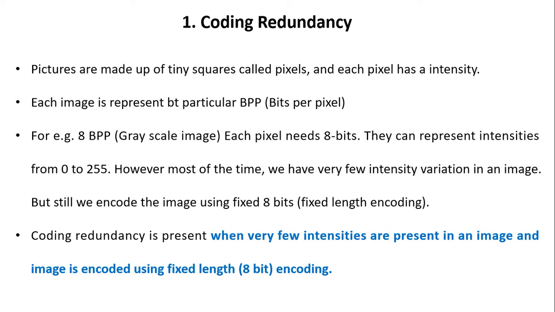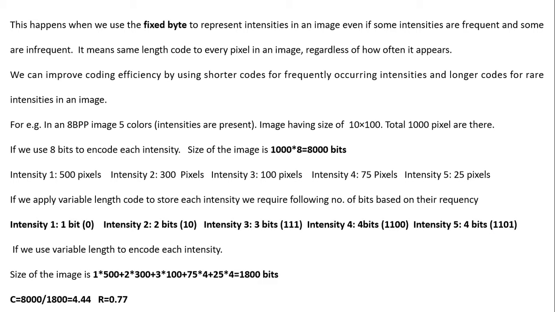However, most of the time we have very few intensity variations in an image, but still we encode the image using a fixed 8 bits, that is fixed length encoding. Coding redundancy is present when very few intensities are present in an image and the image is encoded using the fixed 8-bit encoding.